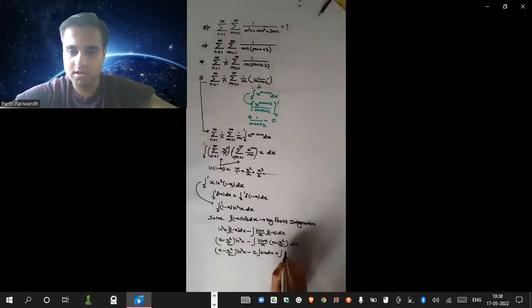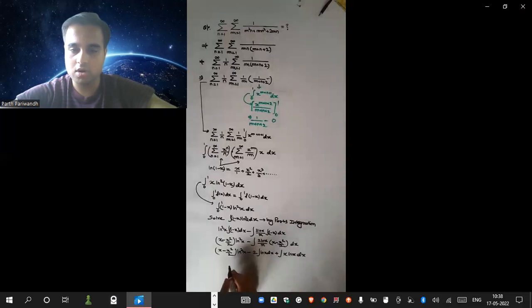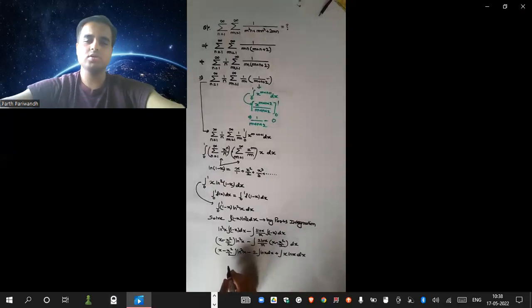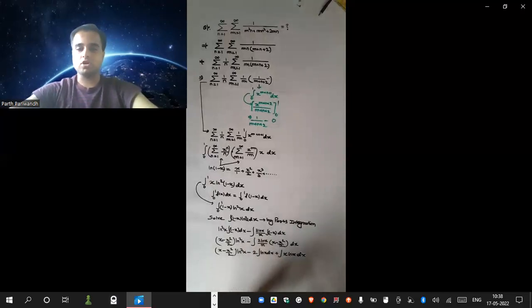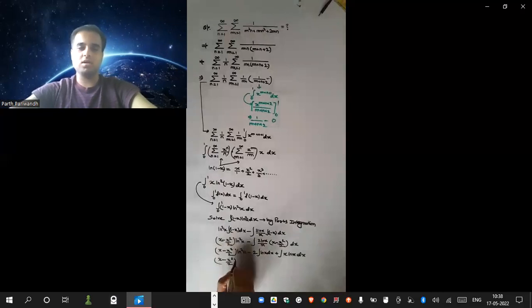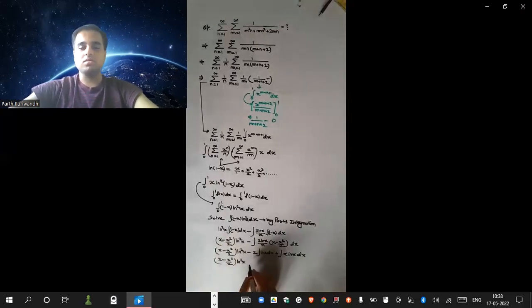The negative negative will become positive, the 2 will cancel, x will cancel, so it will become (1 minus x by 2) into natural log of x dx. Now the question is extremely simple. We just need to integrate natural log of x, and natural log of x multiplied with x. It is simple class 11th integration by parts. So now we can simply do that, and we just need to put 1 and 0 and subtract, and then we will get the answer.